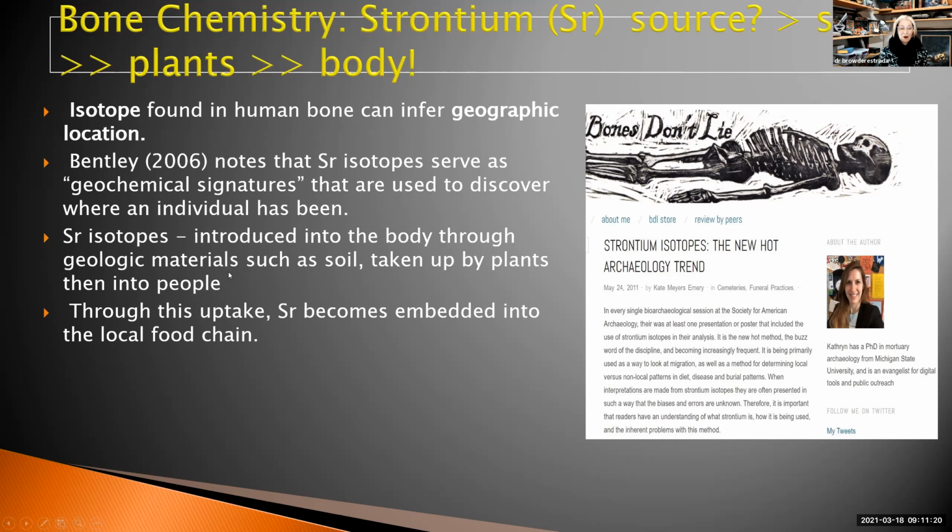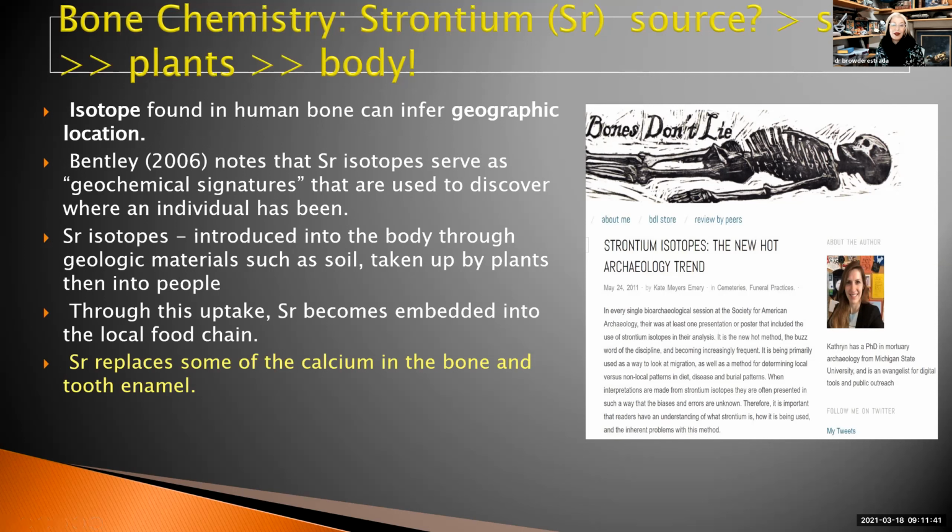Then that gets taken up into the food chain, right, by the plants. So the strontium gets embedded into the organic part of an organism. Strontium, when ingested this way, can replace some of the calcium that occurs in bone and tooth enamel, and that is what the specialists are looking for, the ratio of certain levels of strontium.